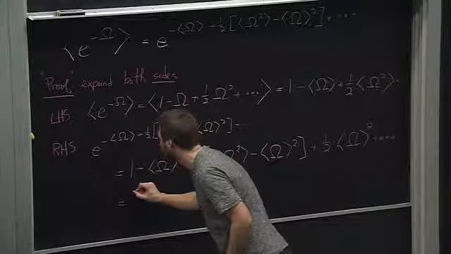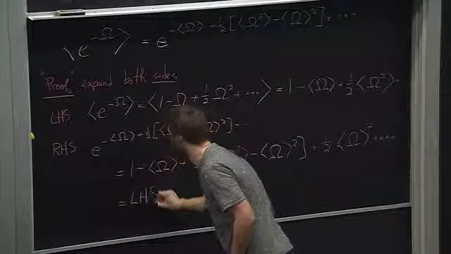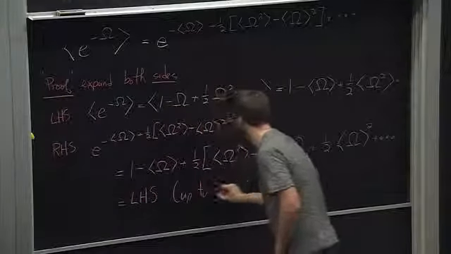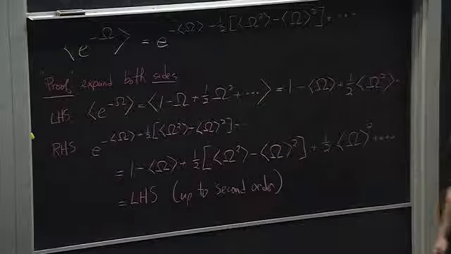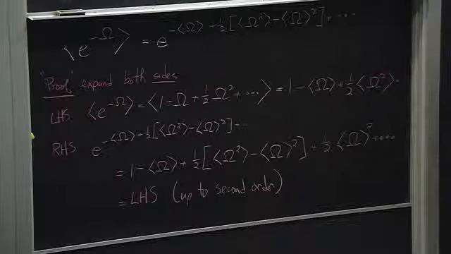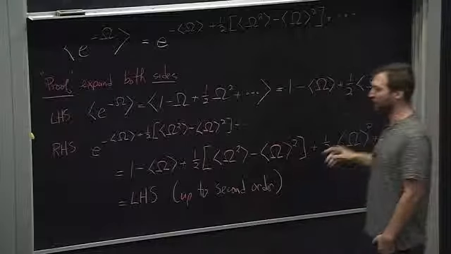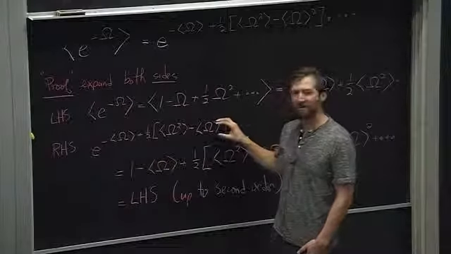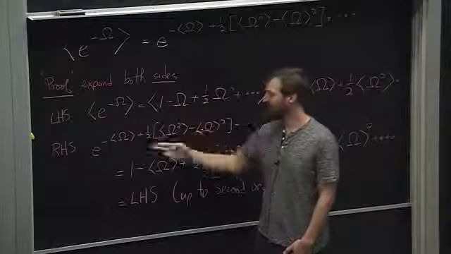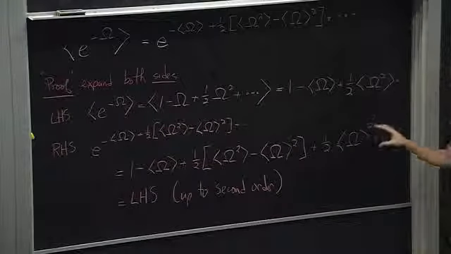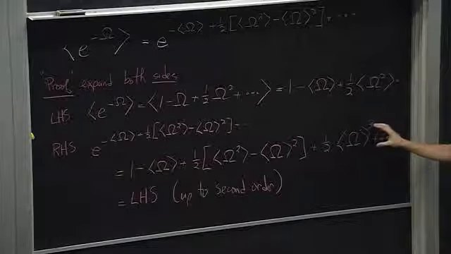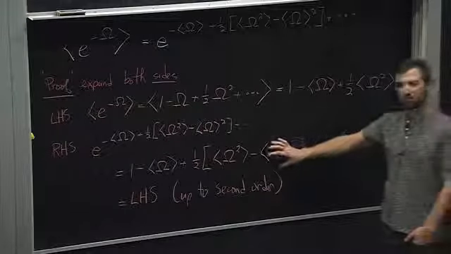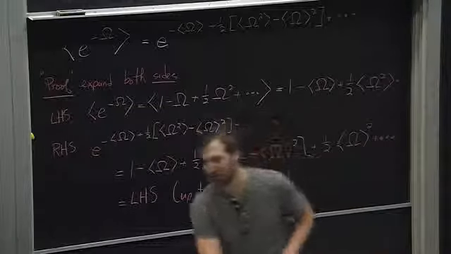So this equals the left-hand side up to second order. In order to prove it, you have to do that at every order. Just a trick: this piece comes from 1 minus this, plus 1/2 this squared. That's the lowest order piece. Then you have omega-3 type pieces and omega-4 type pieces. But that piece cancels this piece, and then you get the equivalent. So that's a cumulant expansion.